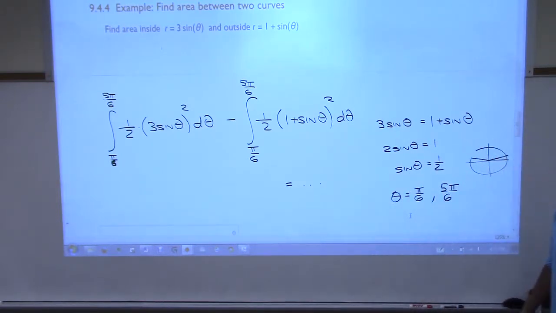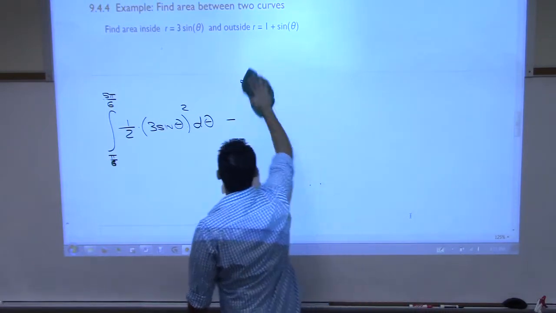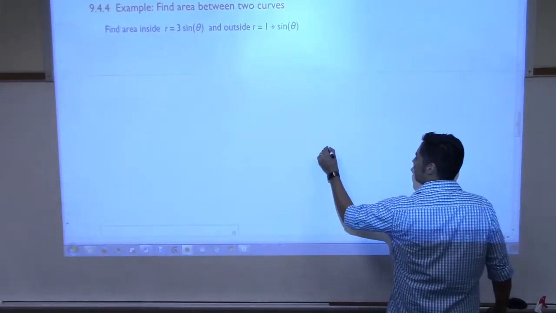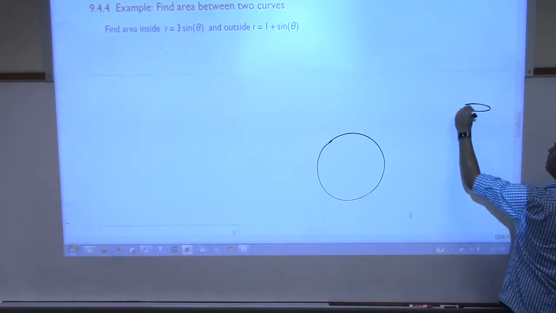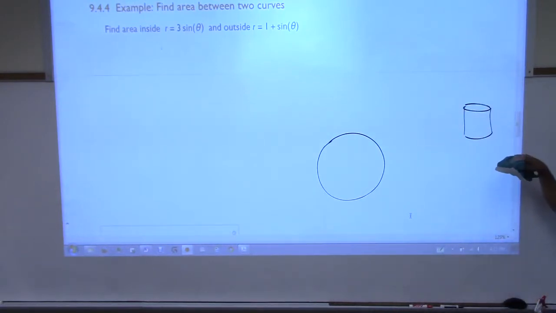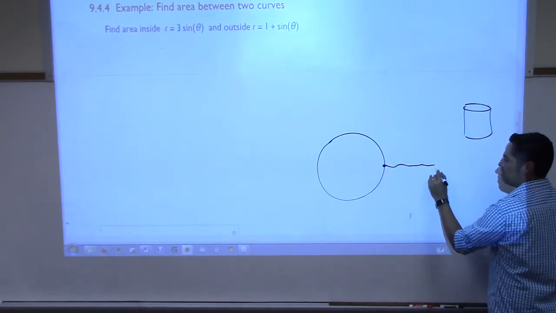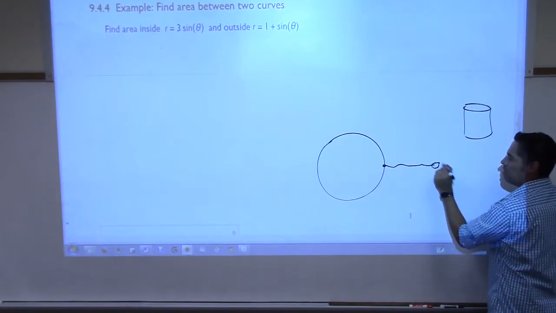So, last topic. That's it for areas. There's a kind of famous problem where you have a circular, maybe some sort of silo, like a water tower or something sitting there in a field, and you've got this rope, and you've got some animal, like a sheep or a horse, tethered to this rope.